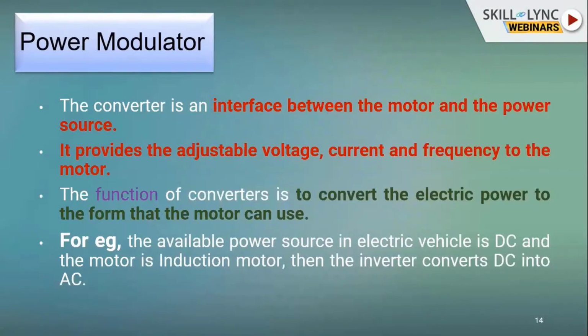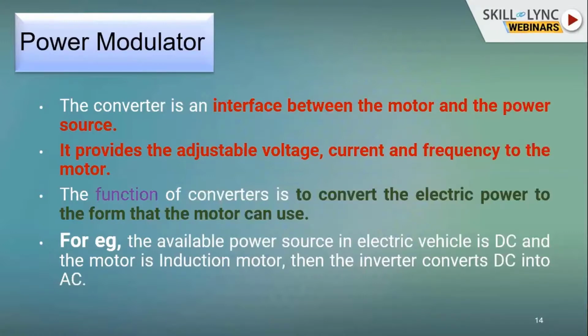The converter is an interface between the motor and the power source. It provides us adjustable voltage, adjustable current, and frequency. The main function of the converter is to convert electric power to the form that the motor can use.